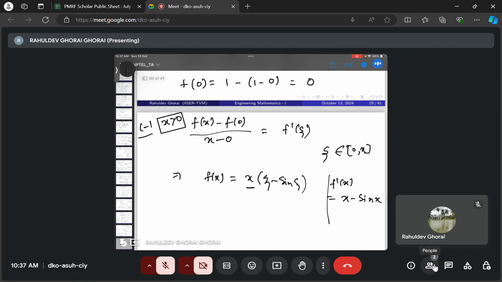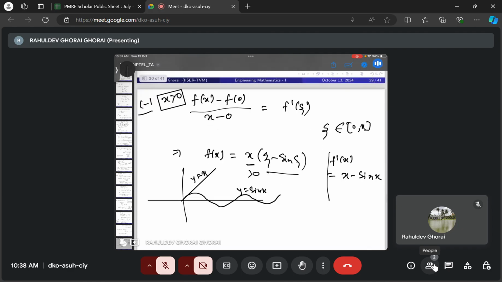What about x? x is positive always. What about xi minus sin xi? If you draw the sin x function and the x function, you will see sin 0 is 0, sin pi is 0. So it will be like this, and this will keep on going, but it will never go beyond y equals x. So x will always be greater than sin x when x is greater than 0.